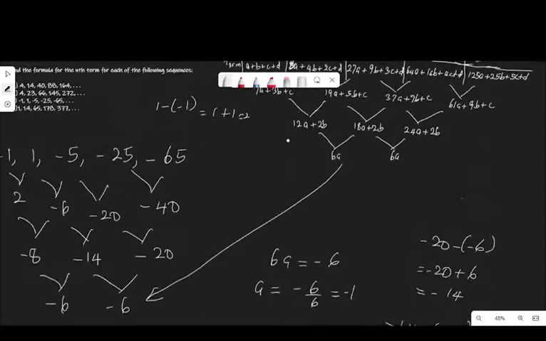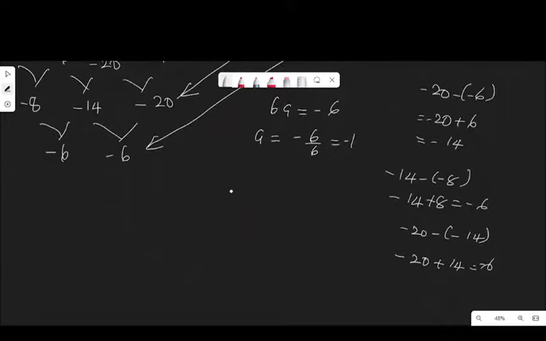And comparing this row, 12a plus 2b is minus 8. 18a plus 2b is minus 14. 24a plus 2b is minus 20. Let's take the first one. 12a plus 2b is equal to minus 8.